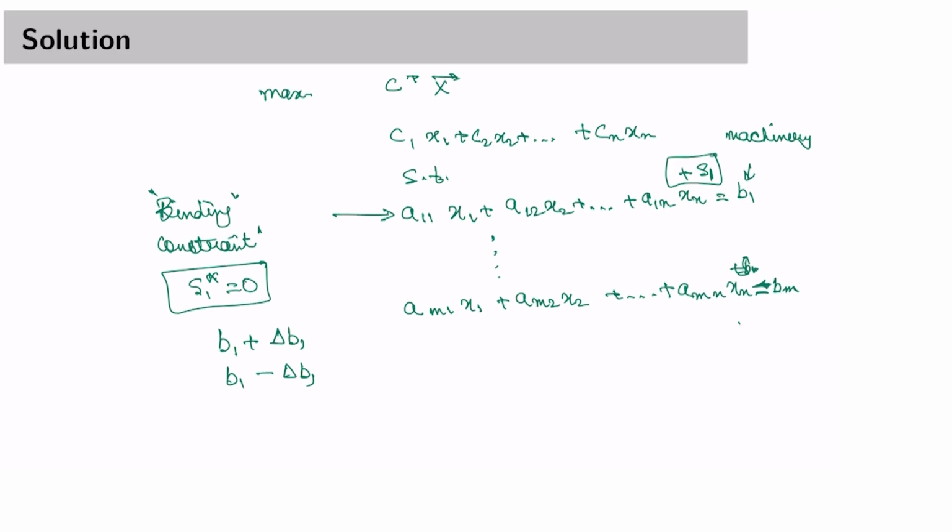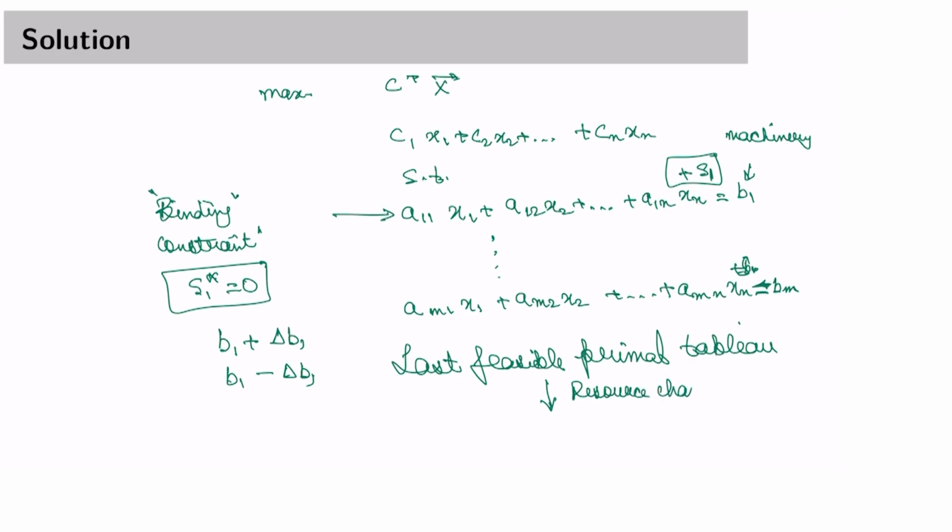That is how we would start from the last feasible primal tableau, and whenever some resource change happens, we switch to simplex in dual form and continue from here.